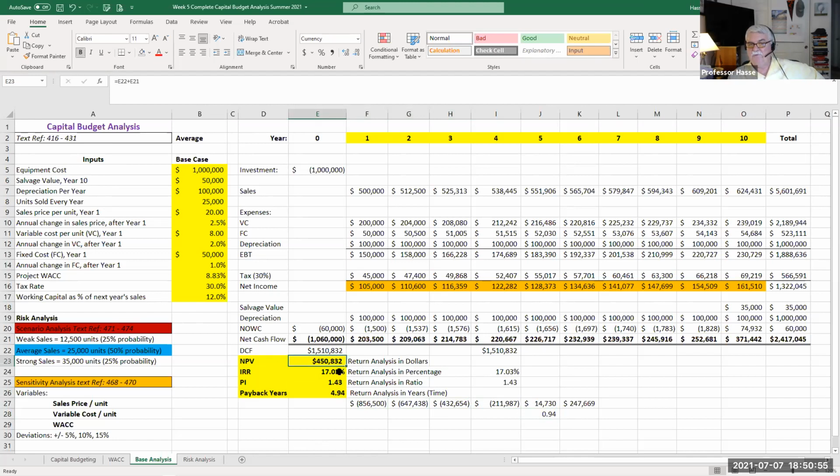You want to have your internal rate of return quite a bit north of your weighted average cost of capital, and you want to have a payback in less than half the time. Preferably, if you're Apple Computer, they don't do a project unless they get their money back in 2 years or less. University of La Verne does not invest in a new dining hall unless they know they can recoup their investment in 3.5 years.